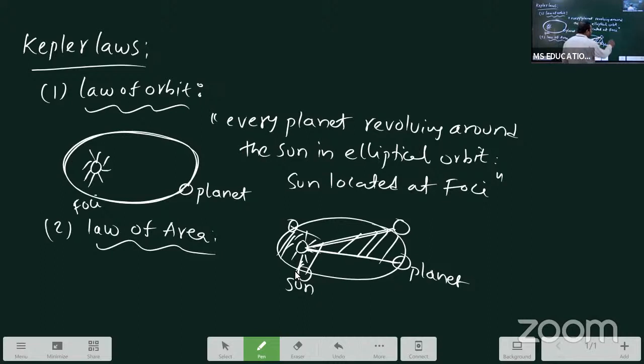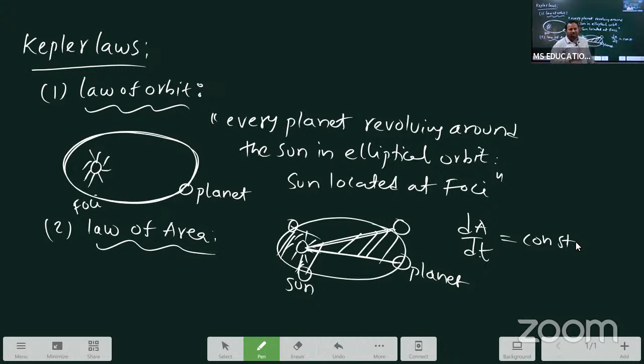It means the areal velocity of the radius vector, dA by dt, is always constant.